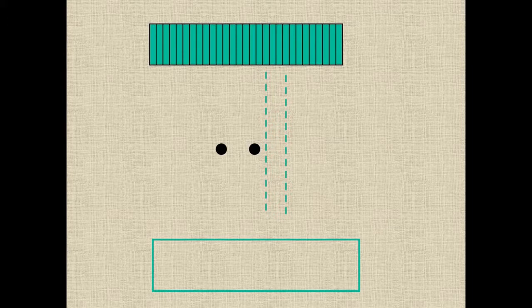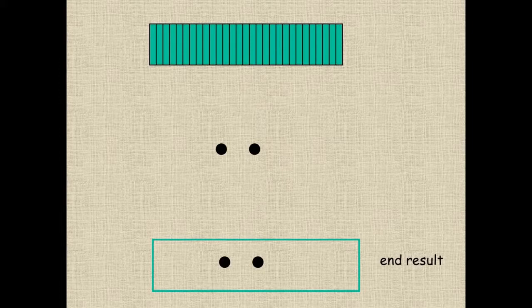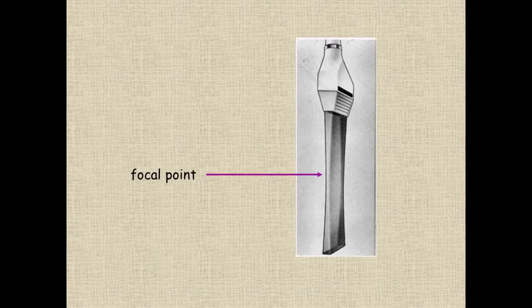This is different because the end result now will be that the ultrasound machine can differentiate between these two different reflectors at the same vertical distance from the probe. The narrower the beam width, the better is the horizontal resolution.